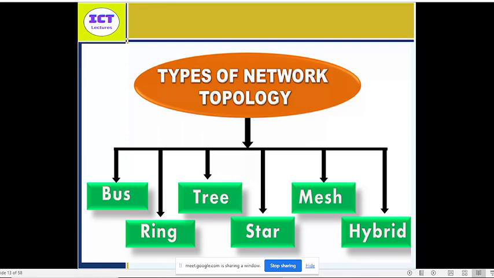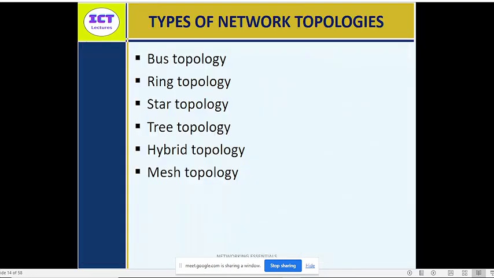These are the well-known topologies. Talk about the bus, ring, star. We also have hybrid. Ideally, these topologies have some given advantages and disadvantages. The topologies that we have mentioned here are the main topologies.